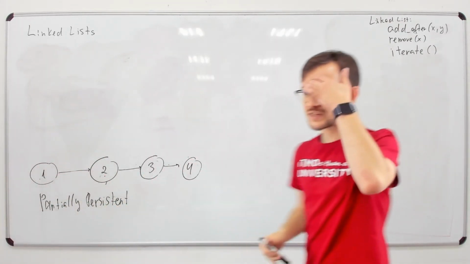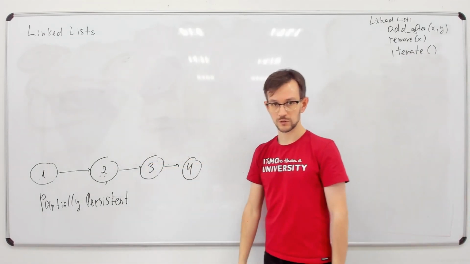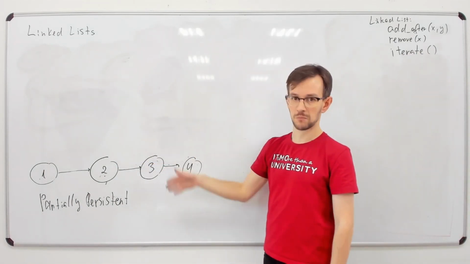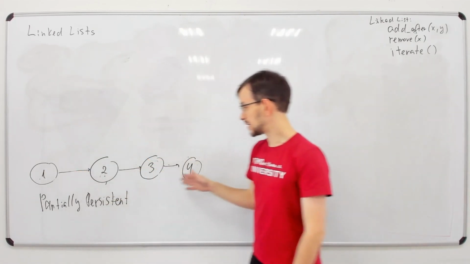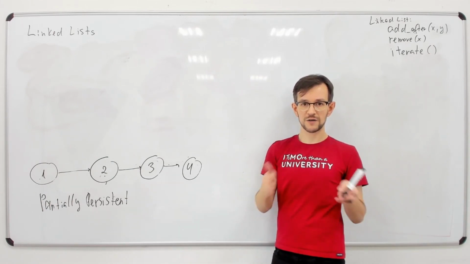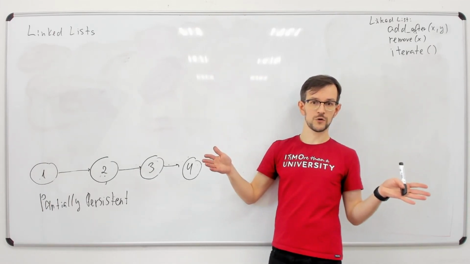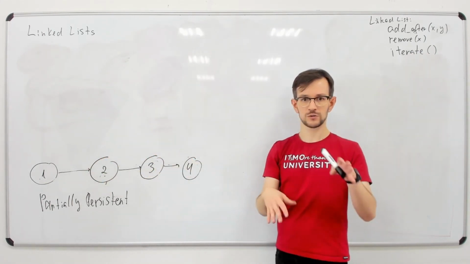So, what is the idea? First, let's enumerate all the versions. Every version has some number assigned to it. Since the structure is partially persistent, we have some linear ordering on the versions. So we have some old versions and we have some new versions.